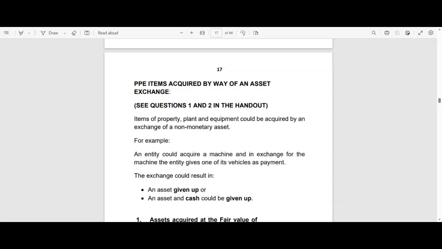So those are the two exceptions. Either where you don't know the fair value of the asset being given up at all, or where the fair value of the asset that you are acquiring is more clearly evident than the fair value of the asset that you are giving up. Now, what is meant by more clearly evident? There is an interpretation out on that since about 2004 or 5 already.